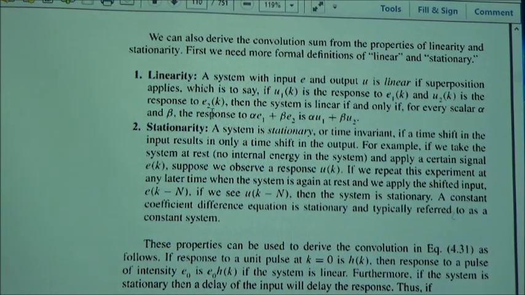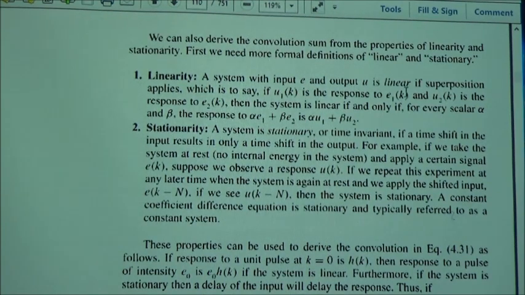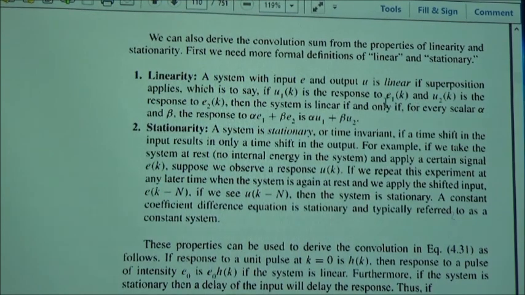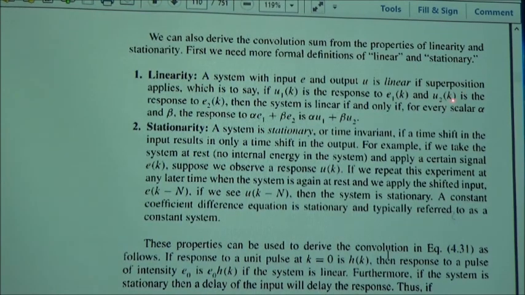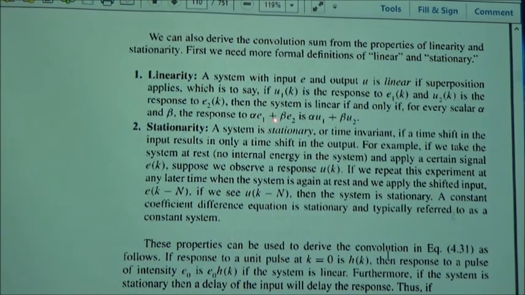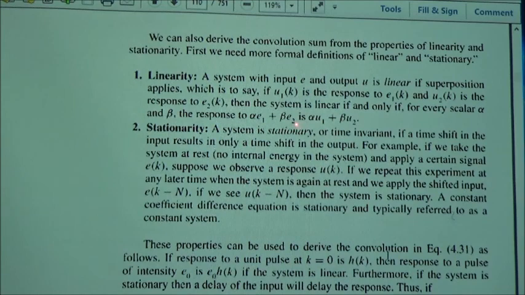Now, two concepts that you need to note here. One is linearity, one is stationarity. A system with input E and output U is linear if superposition applies, which, as you know, means that if U1 of k is the response of E1 of k, and U2 of k is the response of E2 of k, two different inputs, two different outputs, then the response of alpha E1 plus beta E2 to the same system, if it's linear, is going to be alpha U1 plus beta U2.